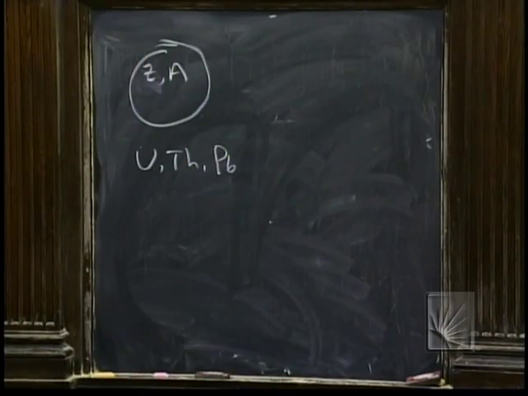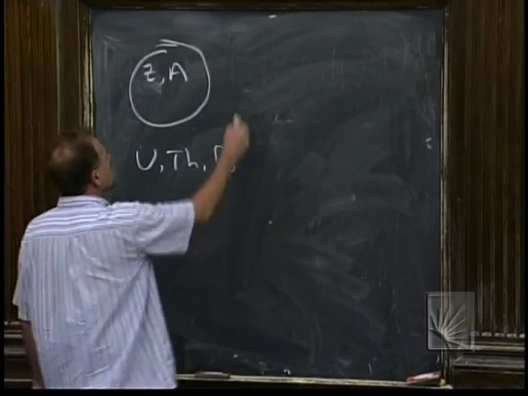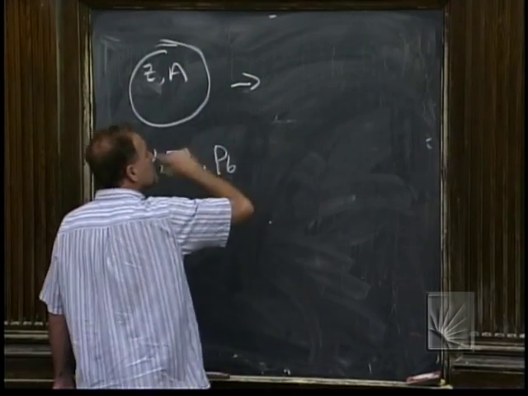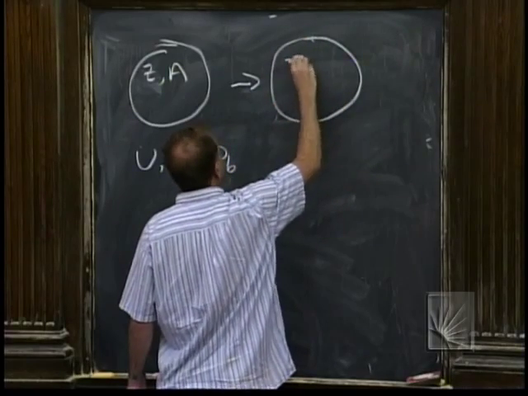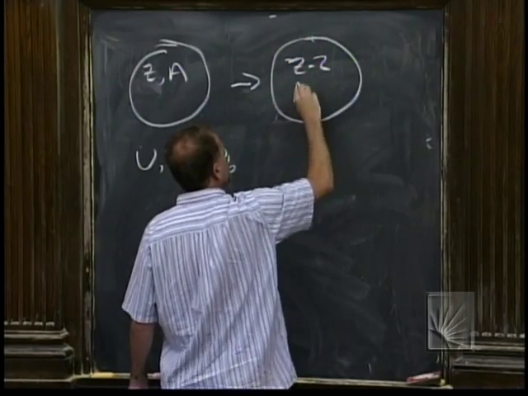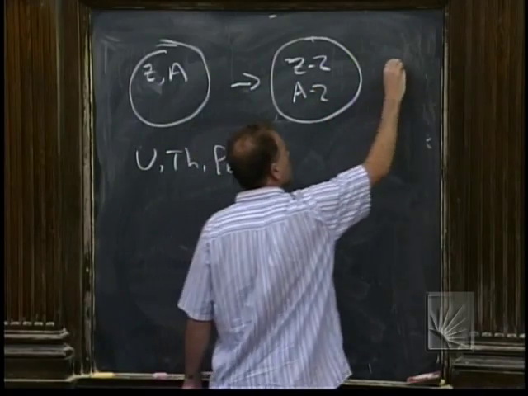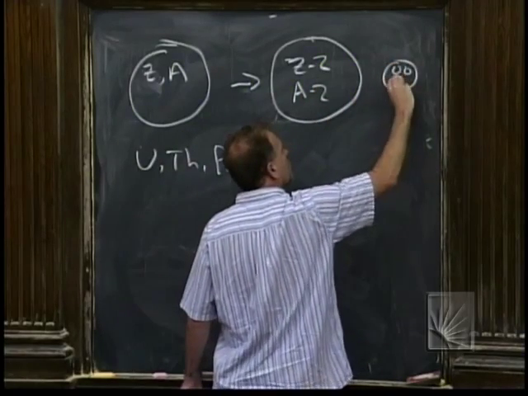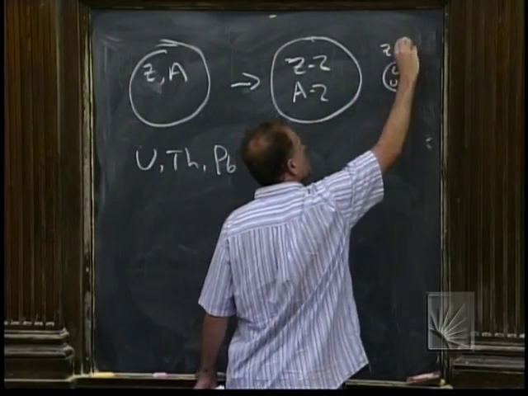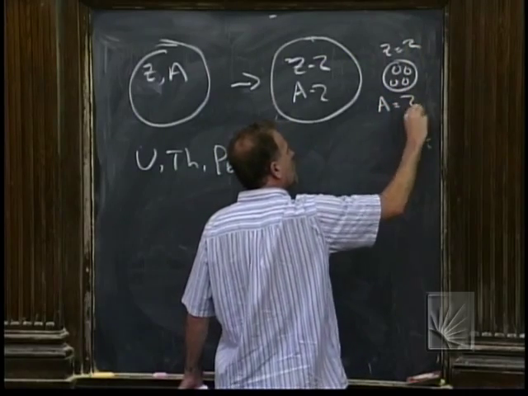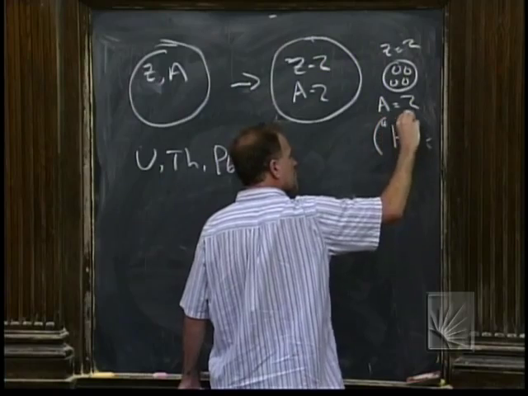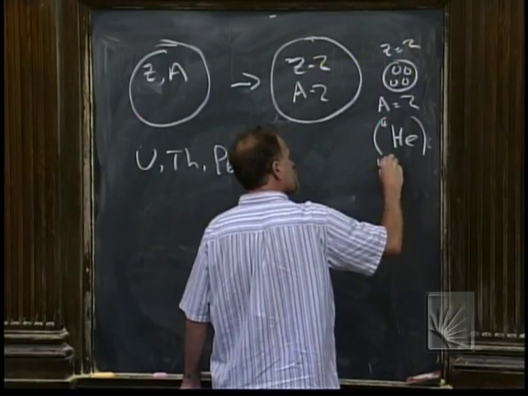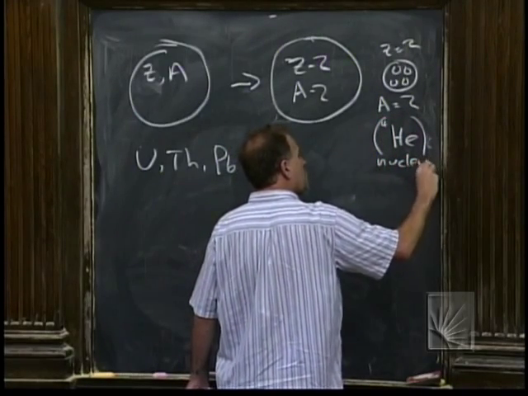For reasons I'll describe later in the semester, it's energetically favorable to end up with Z minus 2, A minus 2, and the Z equals 2, A equals 2, which is the helium-4 nucleus, separate.